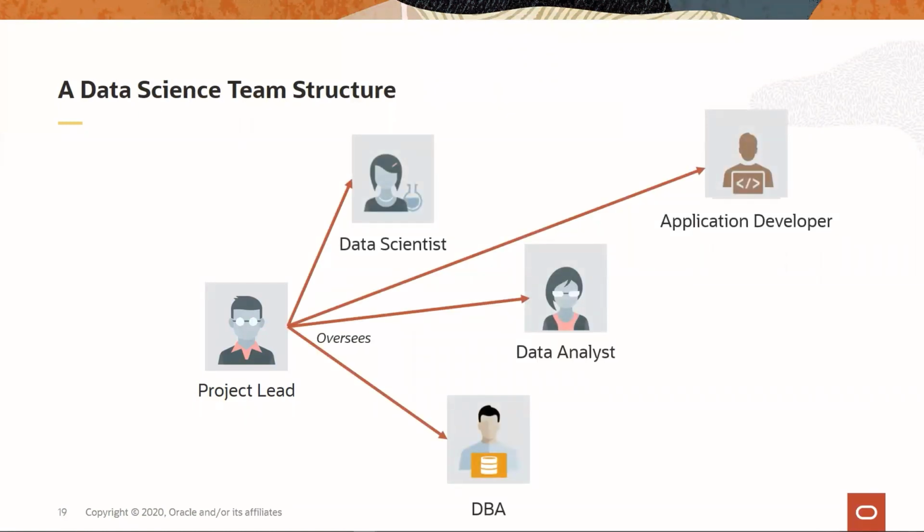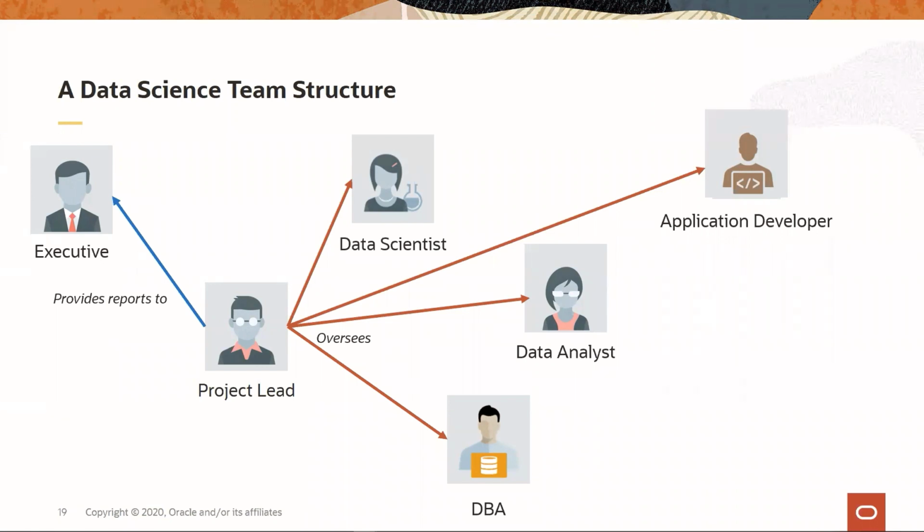Now, a data science team is one where we talk about collaboration with the OML Notebooks environment. And so we might have a project lead who is overseeing an overall team of data scientists, data analysts, a DBA, and an application developer, and he also needs to provide reports to the executive.